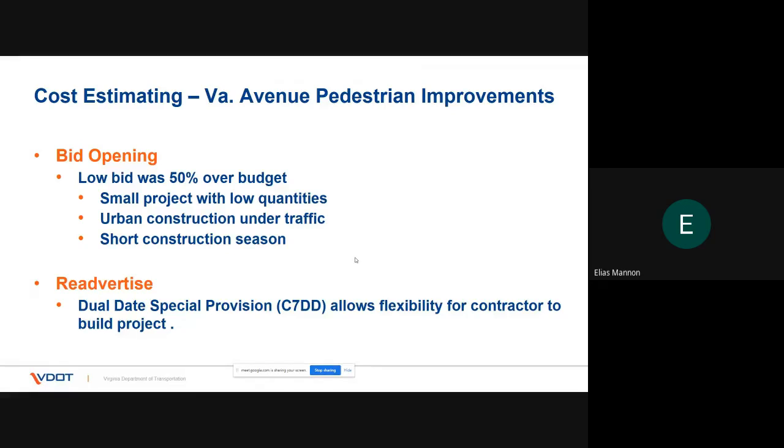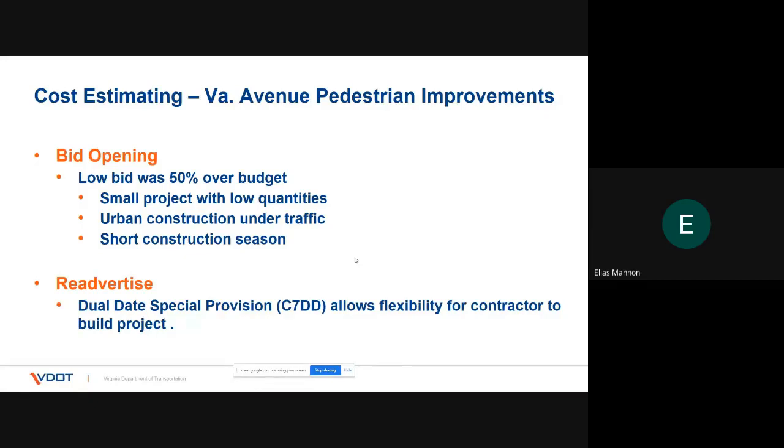It's 1,000 feet of sidewalk, about 6 curb ramps, 6 PED signals, and not much else. And so, this is common for an LAP type project. You've got these smaller projects, and often they're not really that attractive to the contractors. They are looking for bigger projects where they can get some economy of scale, and so it wasn't totally surprising that that's how it worked out on this project.